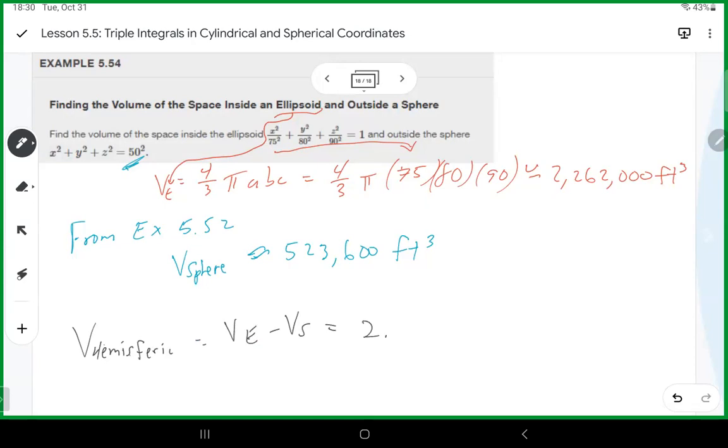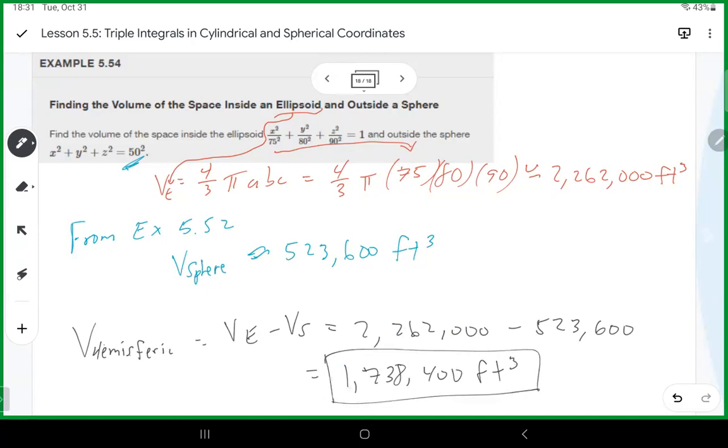That's going to be the big one. That's going to be 1,738,400 feet cubed, and that is your overall answer.